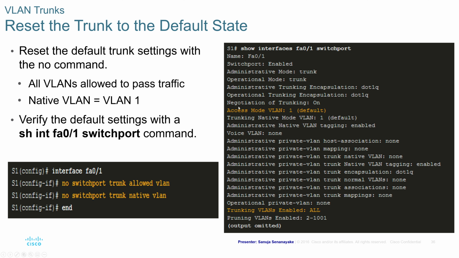That's all you need to know. Then when you go show interface FA0/1, or whichever switchport you performed this on, you will see the switchport set to the default and the trunking VLANs enabled set to all. That's what resetting the trunk back to the default state does.